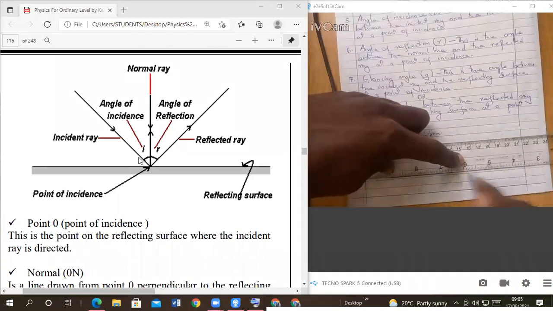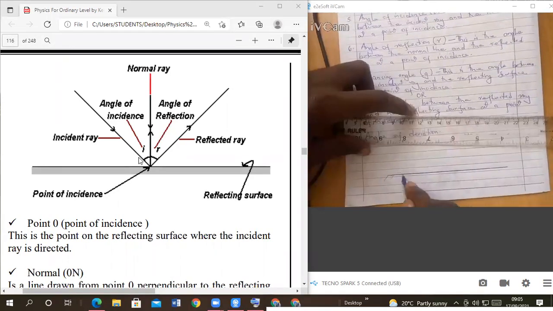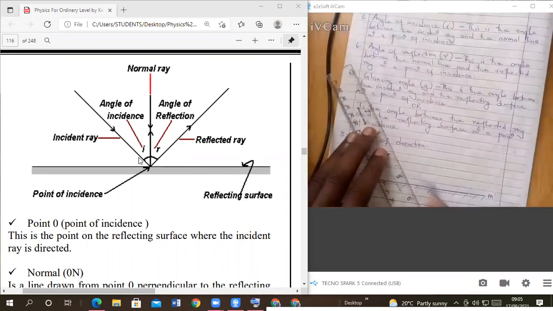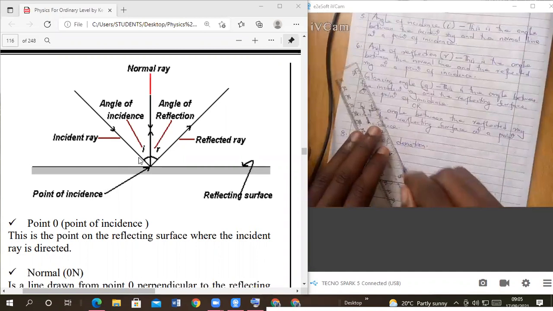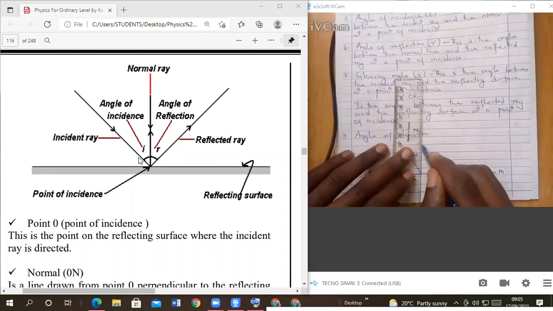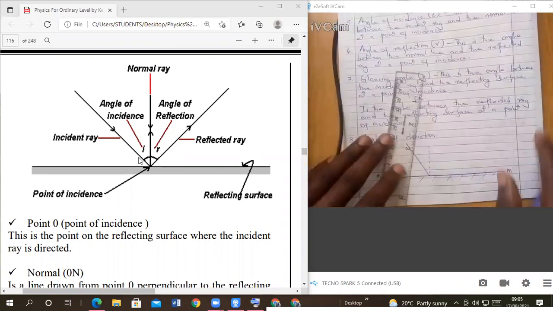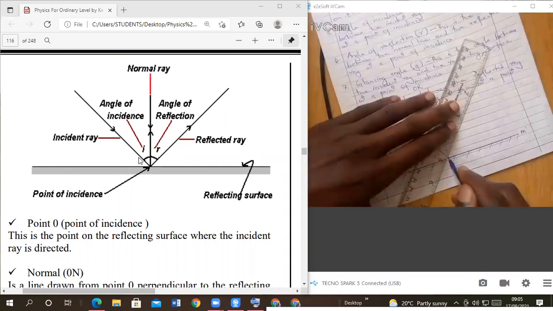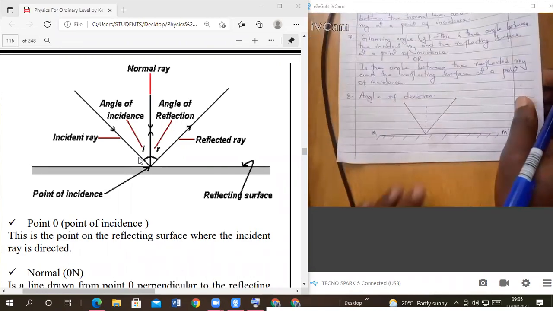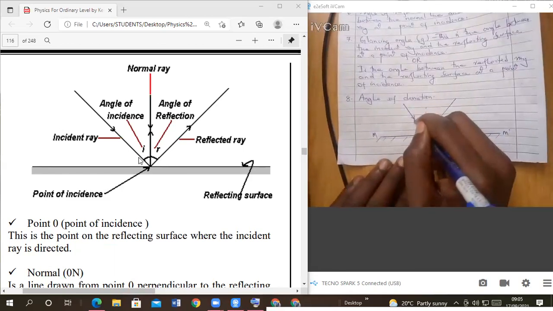If this is our reflecting surface, M prime, then there's a ray of light incident on the reflecting surface at the point of incidence. At that point of incidence, it must be perpendicular. Then it is reflected back, or bounces back. So don't forget to put the arrows.